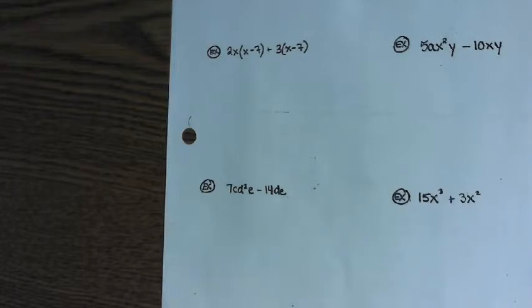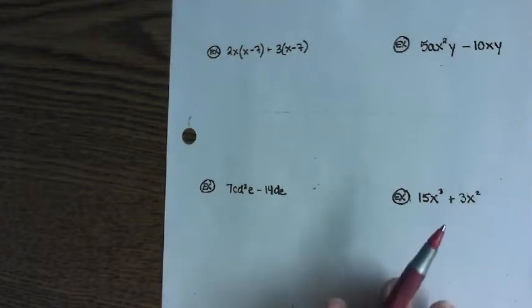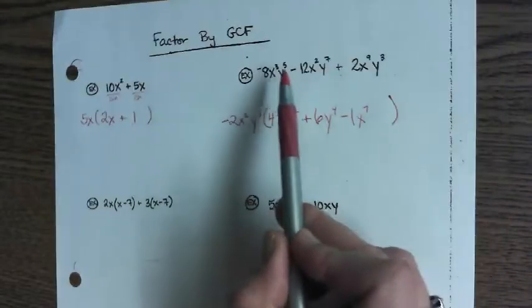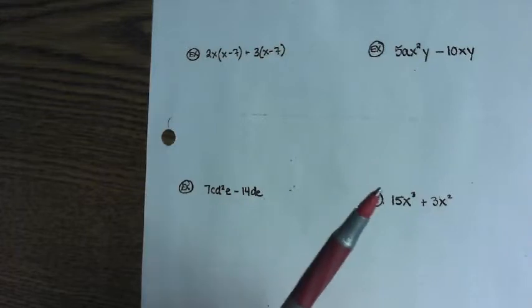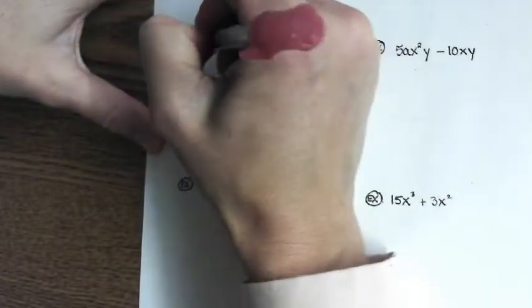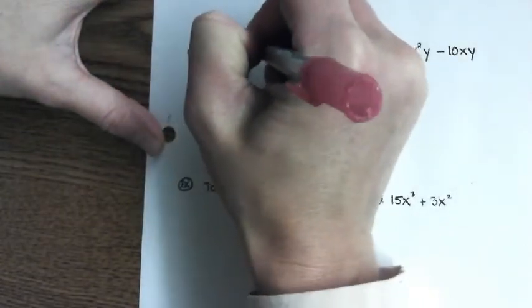Let me back up. How many terms do you see here? It's a little bit of a tougher question. Here there were 1, 2, 3 terms. I'm going to tell you how many you should see. You should perceive this as 2 terms. Here's the first, plus here's the second.